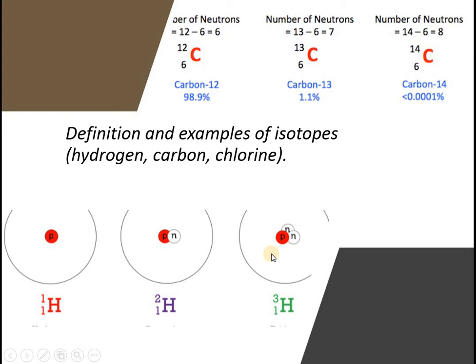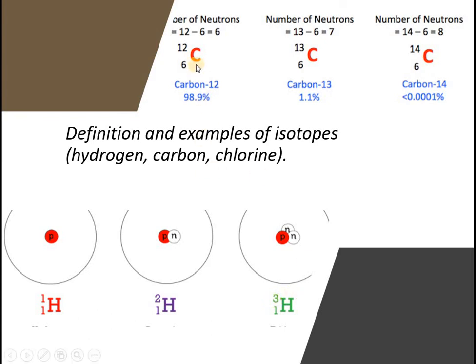Deuterium is also called heavy hydrogen. They have the same atomic number, that is 1, but different mass numbers 1, 2 and 3 respectively. Isotopes differ only in their number of neutrons. Protium has no neutron, deuterium has 1 and tritium has 2 neutrons. From the symbol itself you can get it: the top is mass number, the bottom is atomic number; no neutron, 1 neutron and 2 neutrons.